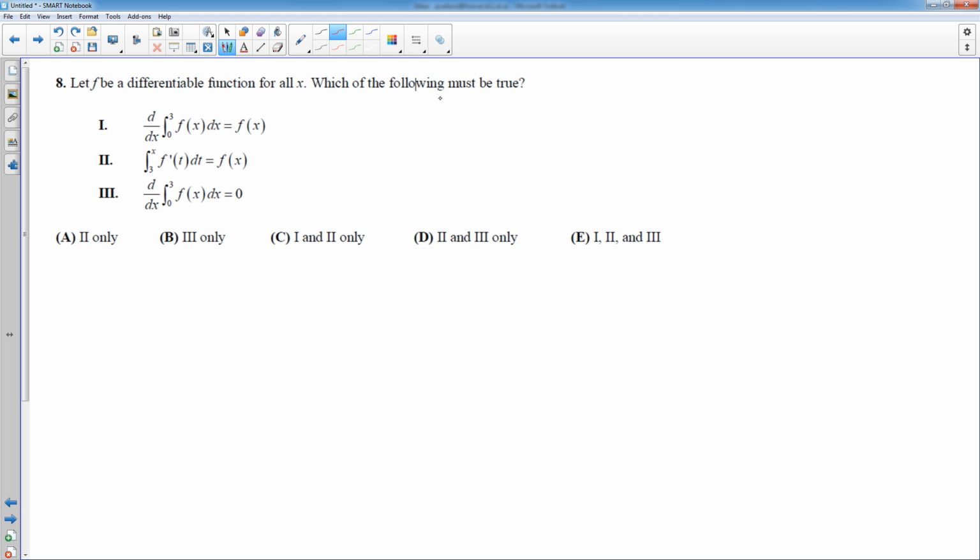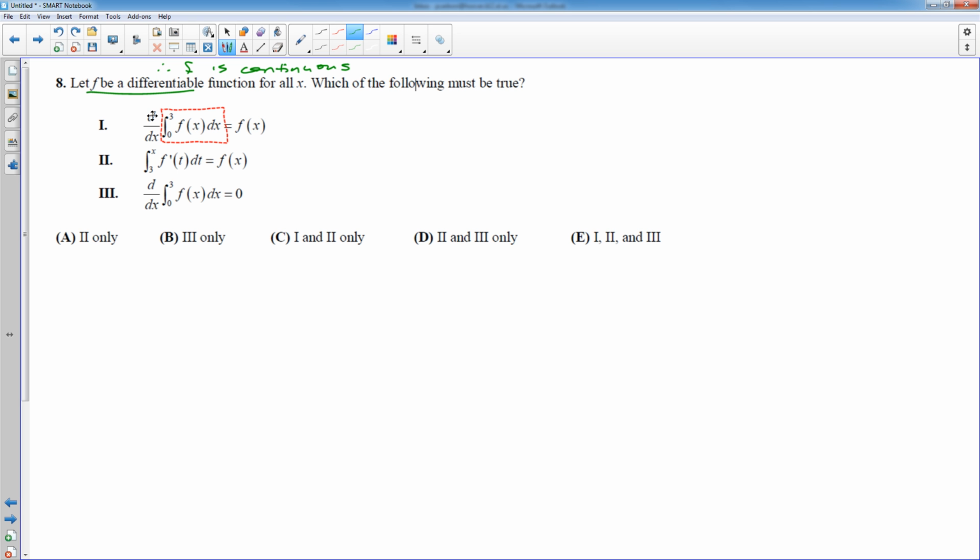Let's see. F is differentiable for all functions. Which of the following must be true? Number 1 here. Since we know that my function is differentiable, that means that my function f is continuous.